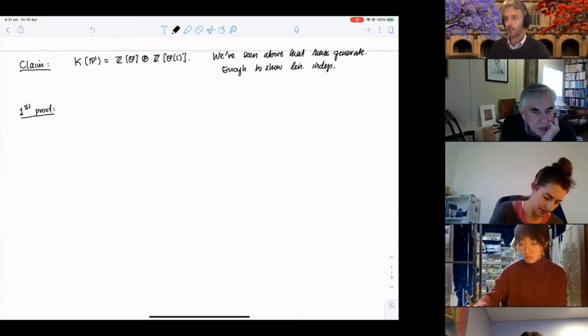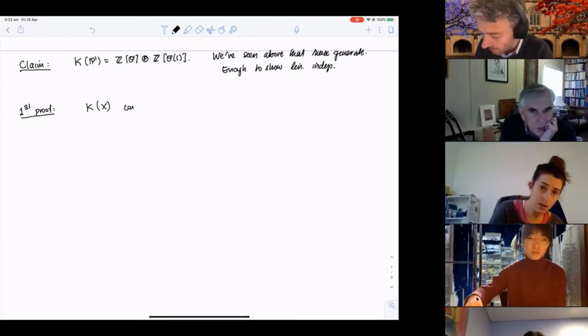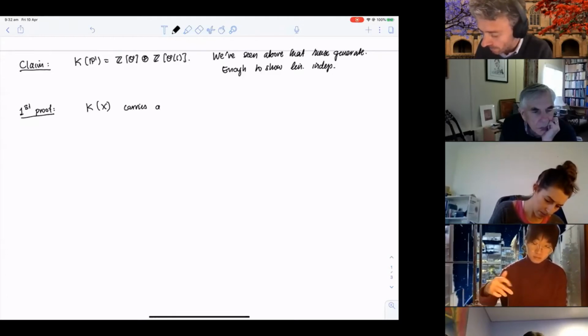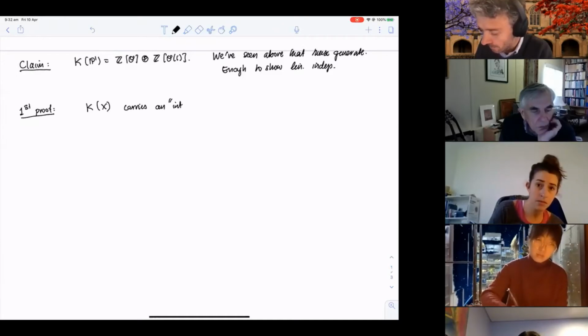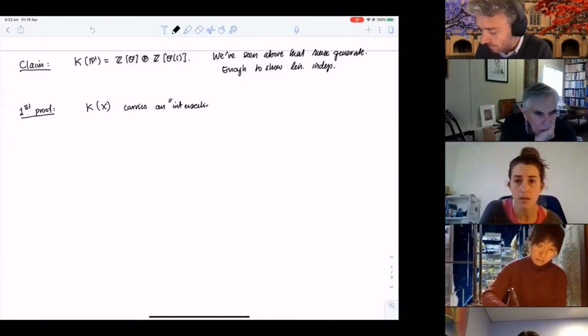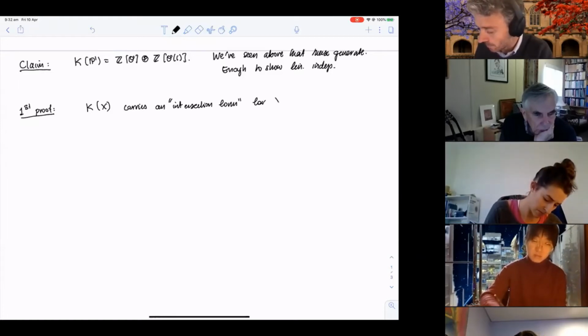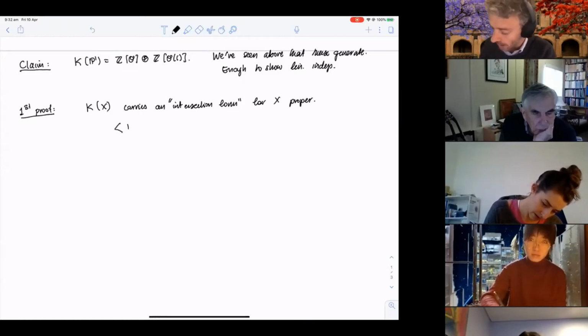The first is that K theory carries a kind of intersection form, which is just given by the pairing of F and G as the holomorphic Euler characteristic of F tensor G.